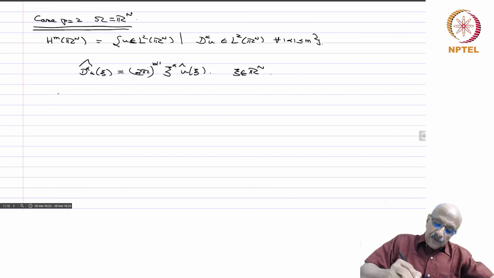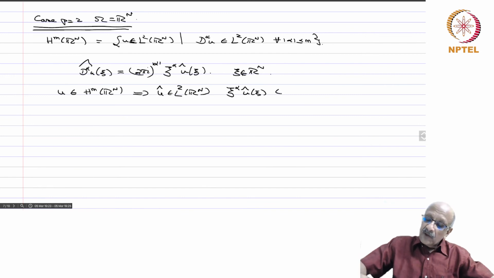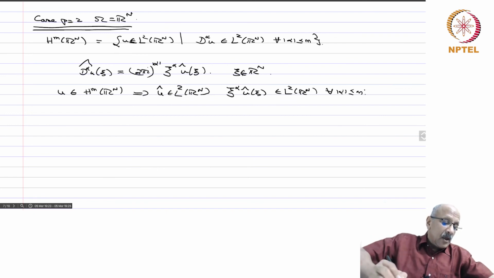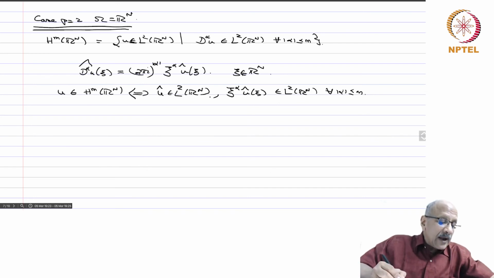So, if u is in H^m(R^n), this implies u is in L^2, û is in L^2(R^n), and ξ^α û(ξ) is also in L^2(R^n) for all |α| less than or equal to m. The converse is also true, and consequently you have another way of looking at this space.